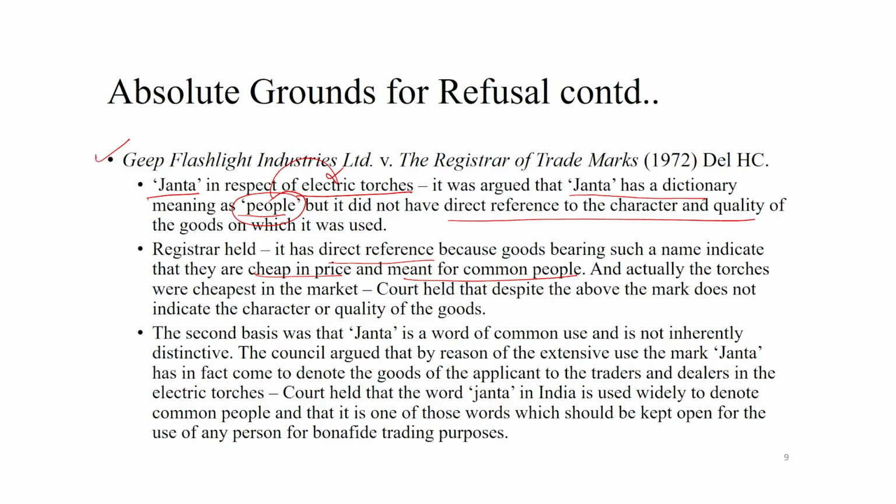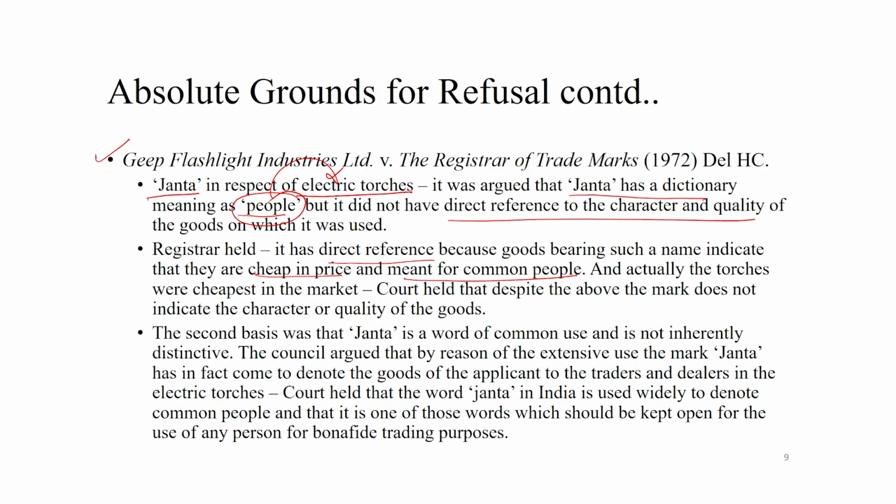Any service with the word janta tends to indicate that it is cheap in price and it is meant for common people. And in fact, the torches sold by the company were the cheapest in the market. So, that further substantiated the point which the registrar held.